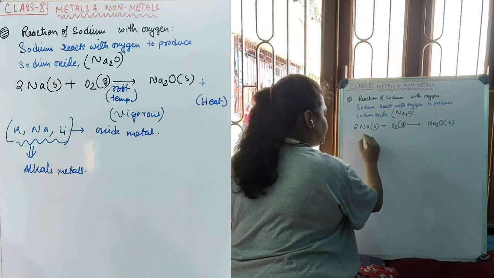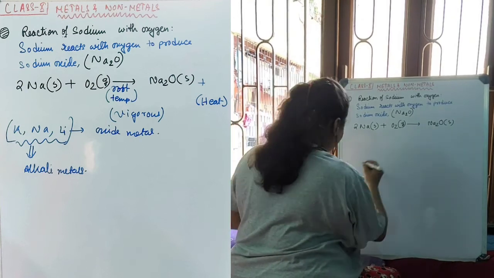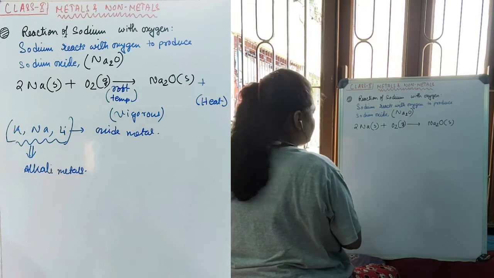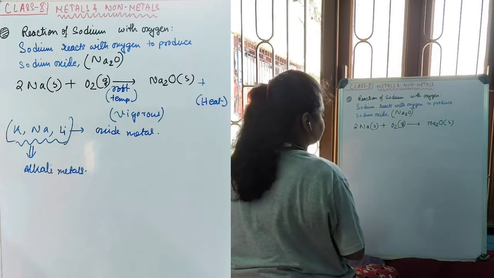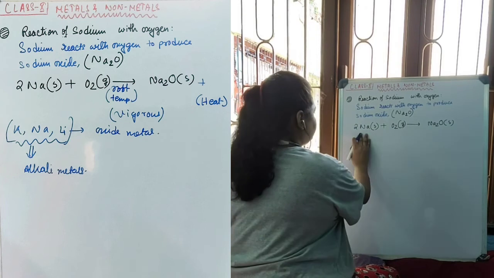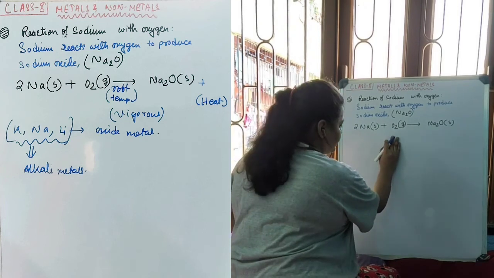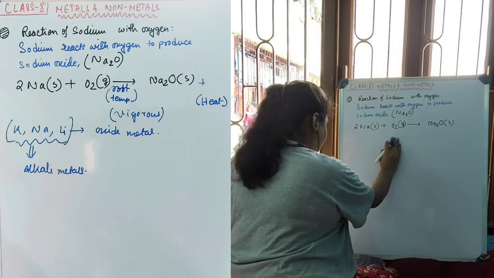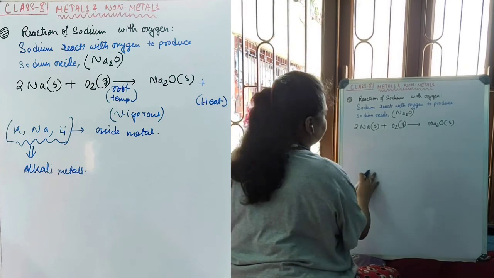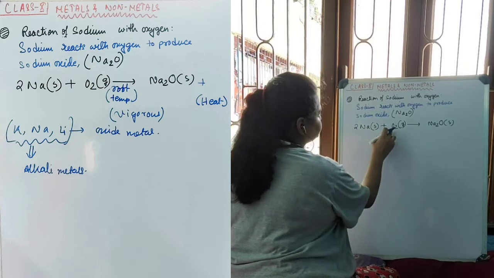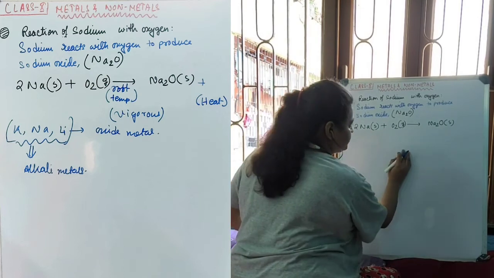Now, sodium does not require any amount of heat to do this reaction. When sodium is introduced to the oxygen in the air, it spontaneously reacts with the oxygen and produces sodium oxide.